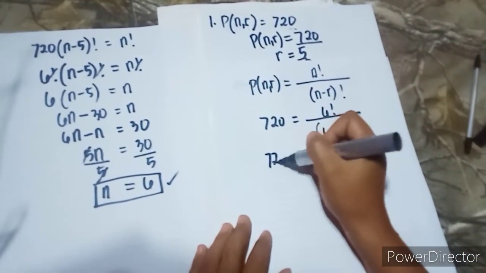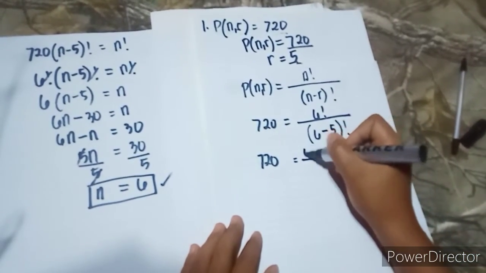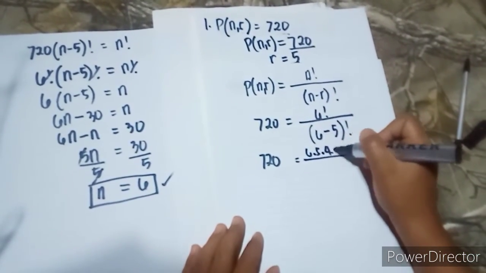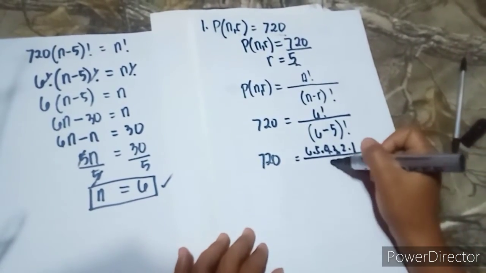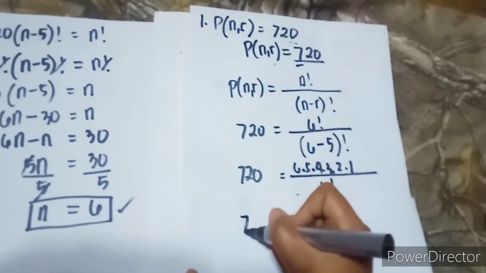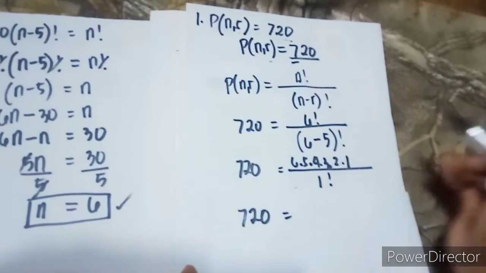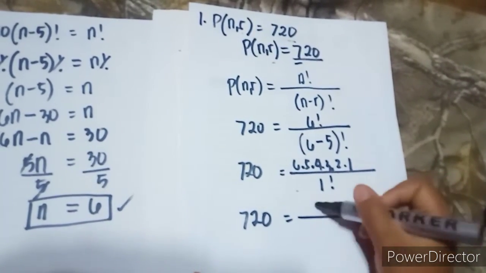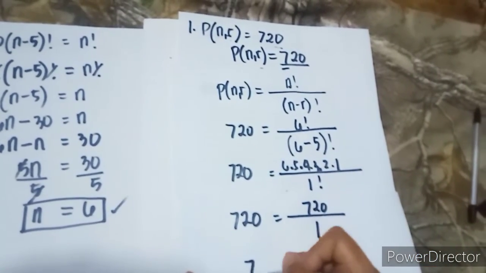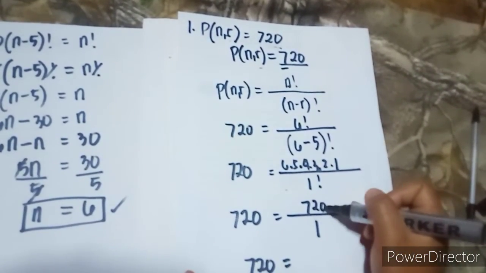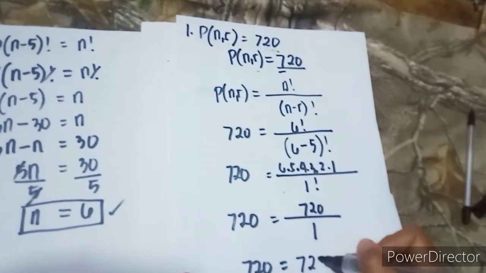So 720 is equal to 6 factorial, we have 6 times 5 times 4 times 3 times 2 times 1, over 6 minus 5 is 1 factorial. So 720 is equal to 6 times 5 times 4 times 3 times 2 times 1, which is 720. So 1 factorial is 1. So 720 is equal to 720 over 1, which is 720. So check.